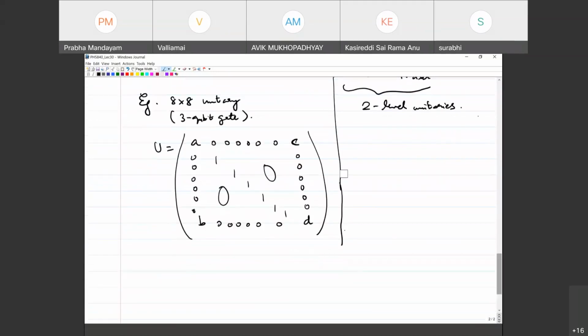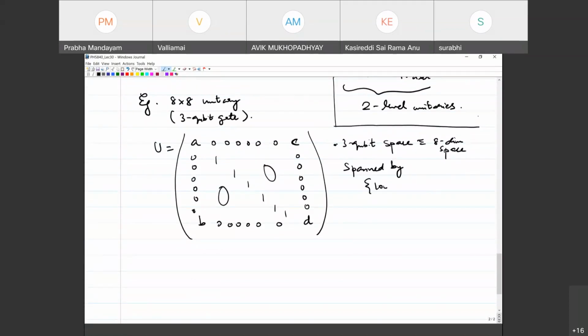You know that the full 3-qubit space is an 8-dimensional space, and it is spanned by this set: 0, 0, 0, 0, 0, 1, 0, 1, 0, etc., 1, 1, 0, 1, 1, 1, right? Some set of 8 orthonormal vectors. These form the basis for this space.